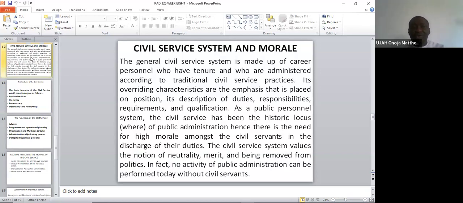So when narrowed to the civil service in Nigeria and the aspect of morale, so many considerations are looked into. The general civil service system is made up of career personnel who have tenure and who are administered according to traditional civil service practice. See, there are elements of morale that we'll equally look at as we make further progress.